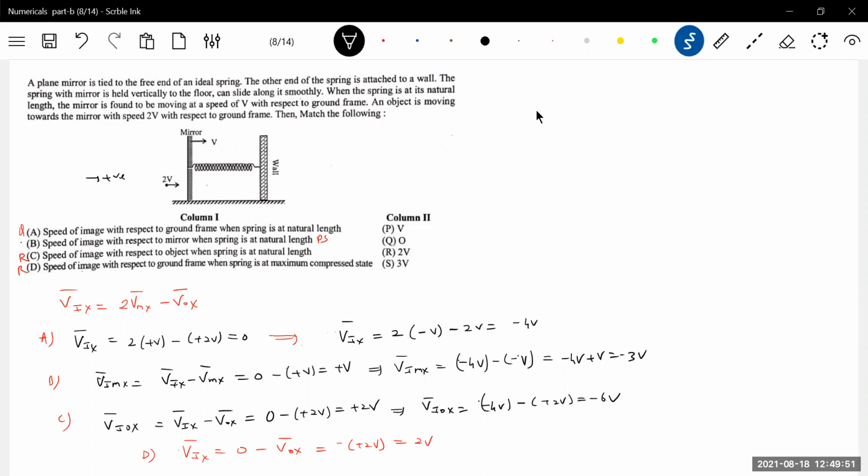Then the last option, D, we will check it. When spring is at, okay, there's no problem. This is like option B only, P and S will come.